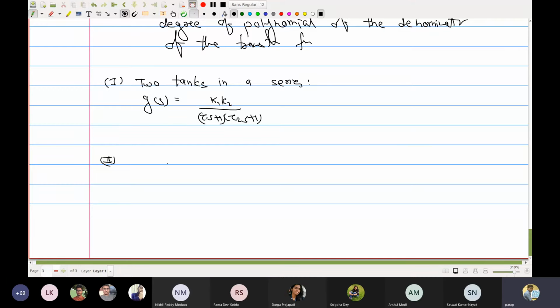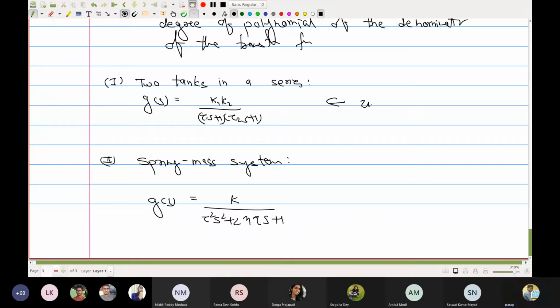And the second example of a second order system was what we took in the previous class, a spring mass system. The transfer function was given as K upon tau squared s squared plus 2 zeta tau s plus 1. Right? This is second order. This is also second order.